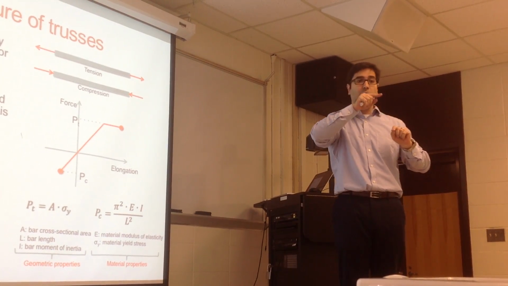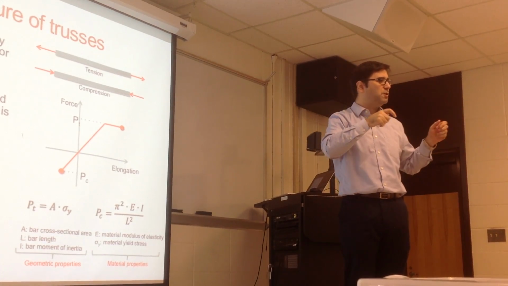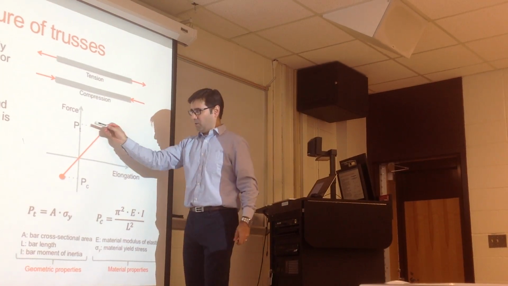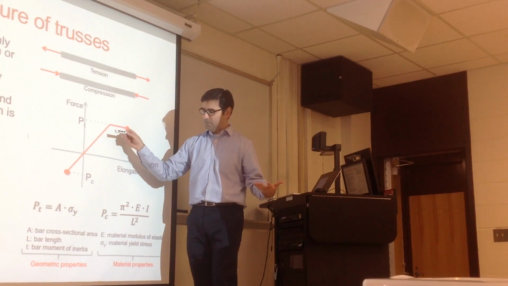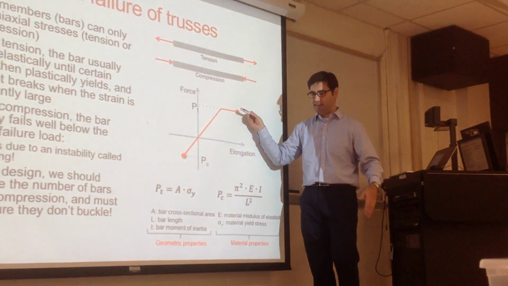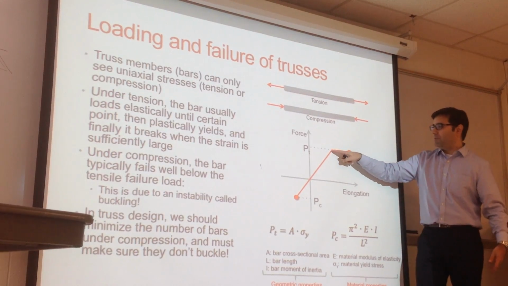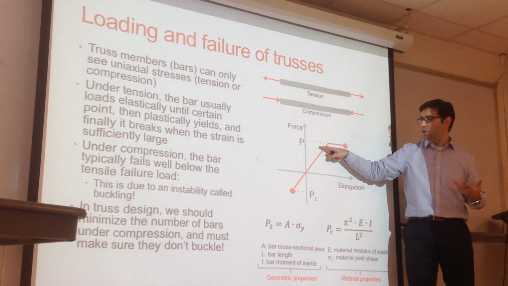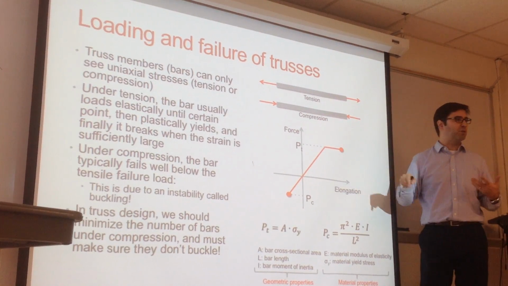And if it is made out of metal, at some point it will plastify, which means it will start yielding. It will take not much more load. This is an ideal case, called ideal plasticity, elastic ideal plastic. So this could go more like this also. But conceptually you don't take much more load, but you can still afford to deform. And then at some point you just break.